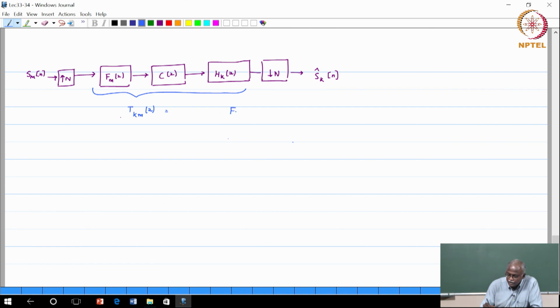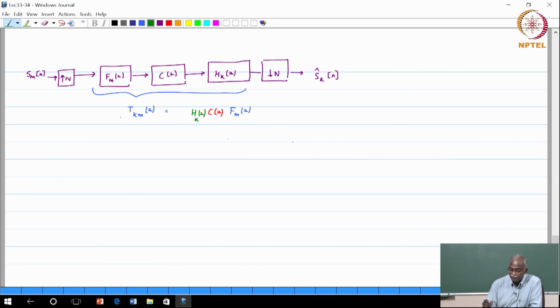The rightmost is Fm(z), the first filter that will operate on the input, followed by the channel C(z), followed by the analysis filter Hk(z). Please remember that the sequence of operations is F filters first, followed by C, followed by H. Again, these can be switched around, but the important thing to note is the transfer function between the input and the output.